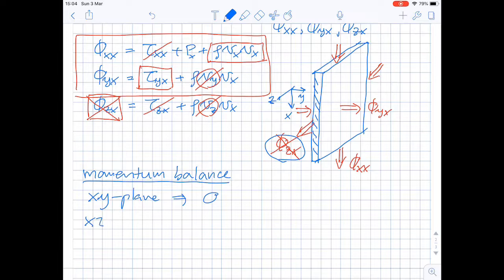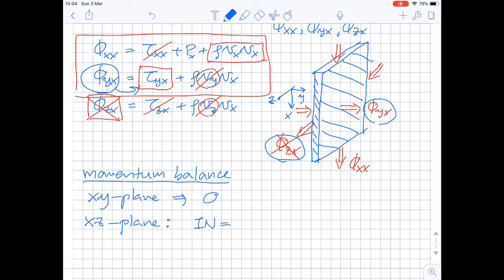For the xz plane, which is this area, the in term is supposed to be the flux in this direction, perpendicular to this highlighted area. The in term is supposed to be tau yx, since phi yx is essentially tau yx.